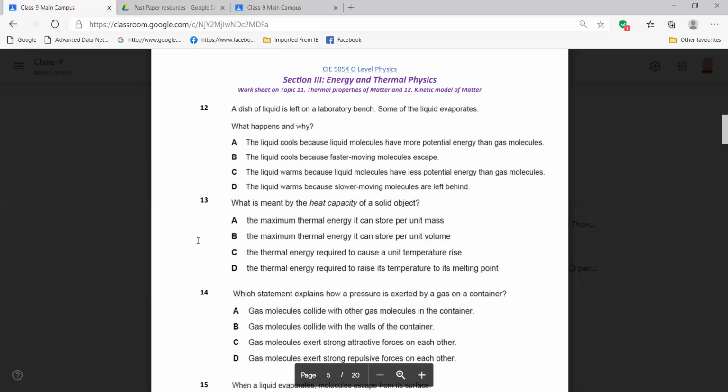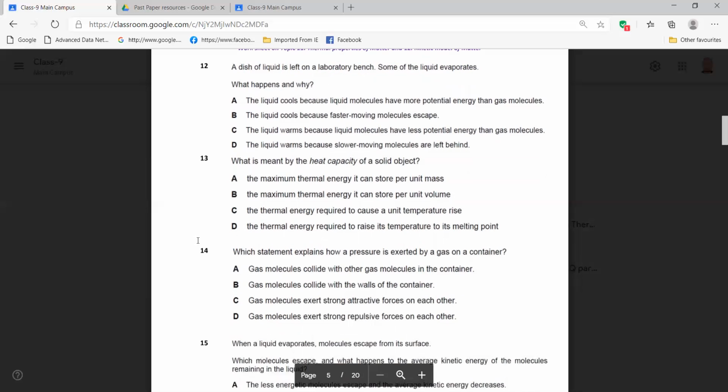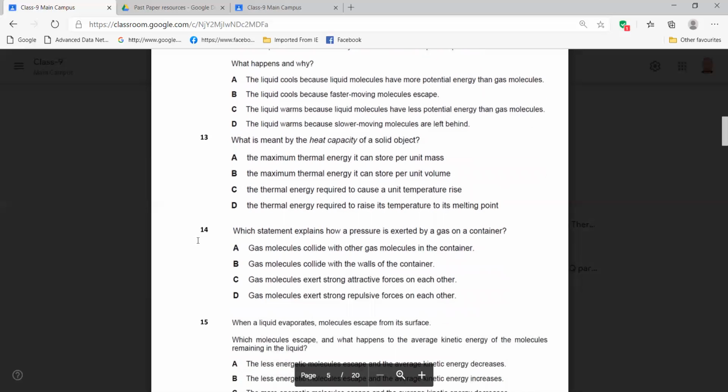Then 14. Which statement explains how pressure is exerted by a gas on a container? Normally in a gas container, how does the pressure come?